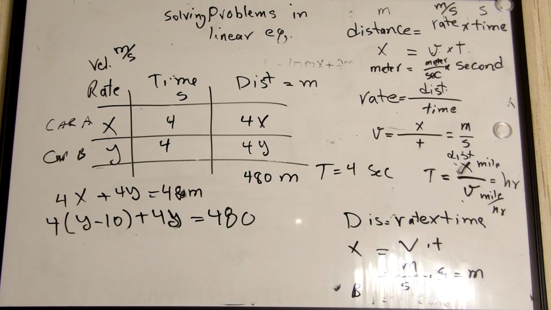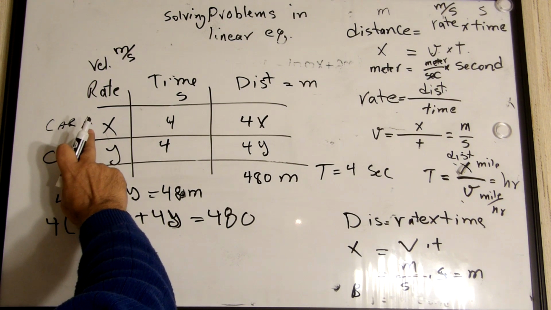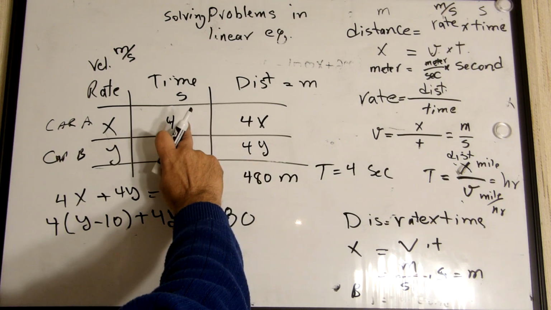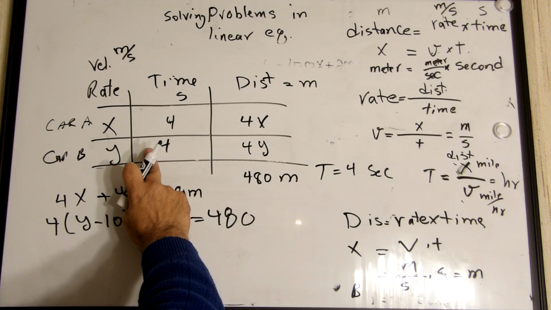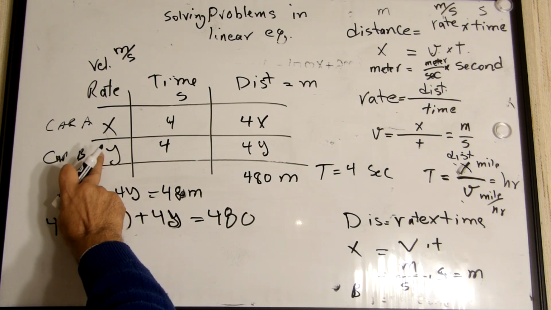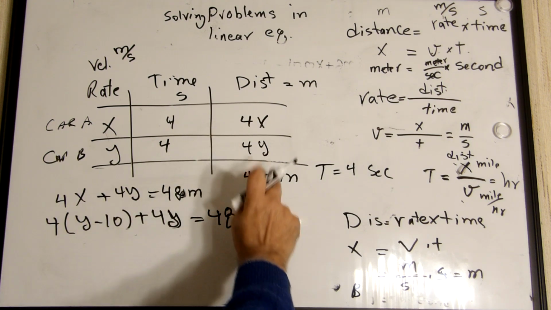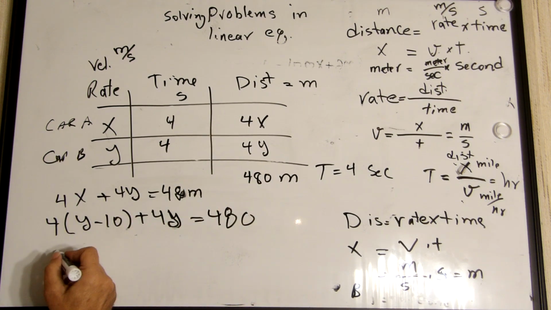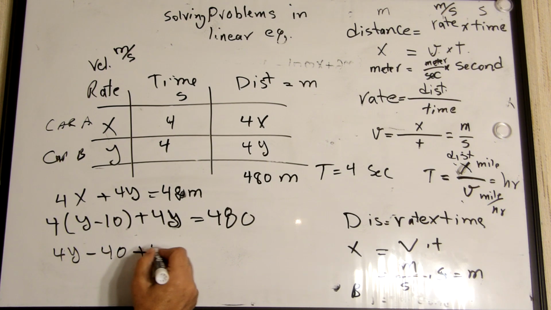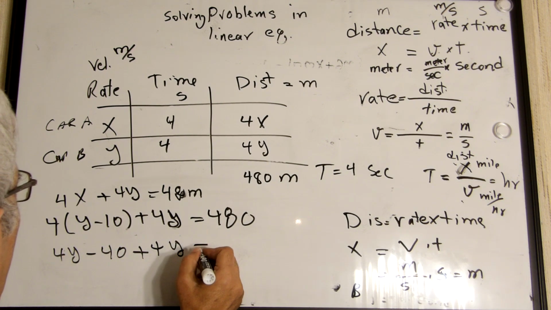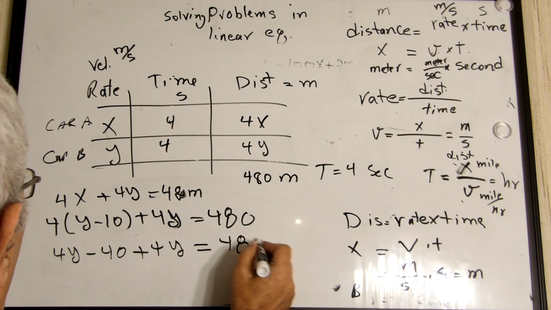The rate x times 4 is the distance traveled, and this one with 4 seconds, with the rate of y, travels 4y. And then altogether 4x plus 4y is 480. So it's going to be 4y minus 40 plus 4y is going to be 480.